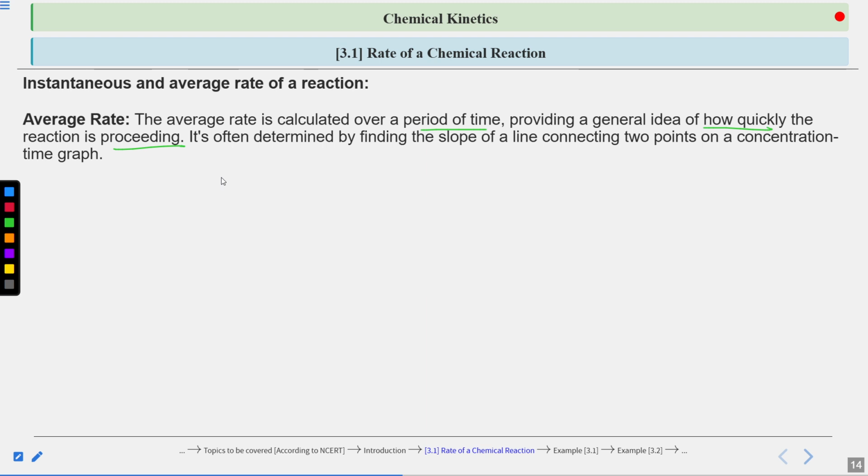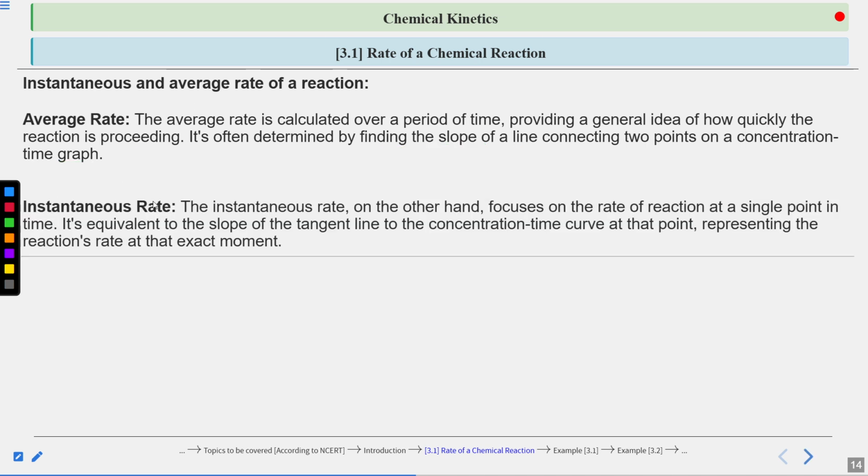Over a period of time, the rate at which the concentration of the reactant or the product is changing is considered the average rate, which gives us a general idea of how quickly the reaction is proceeding. It is often determined by finding the slope of a line connecting two points on a concentration-time graph. If we have a concentration-time graph, you can determine the average rate easily from the slope of the line connecting the two points.